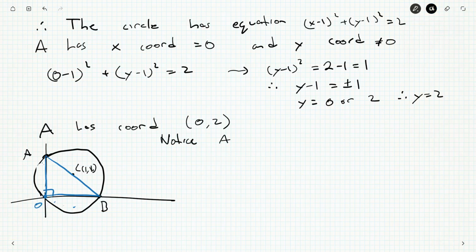So notice AOB is a right triangle. So that tells me, and this is just some basic circle geometry that you can just know, and it's fine to state, AB is a diameter.